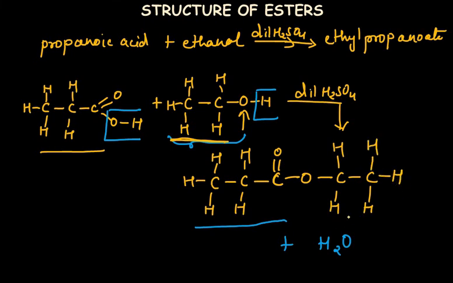So this is the structure of ethyl propanoate, and this is how you make the structure of any of the ester, or from the name or the structure of the ester you can make out which acid and which alcohol is used to make this ester. Any part, the first one or the reverse one, is very easy to understand, and the in between part COO is the ester linkage, or that's the functional group of the ester, eliminating out water.